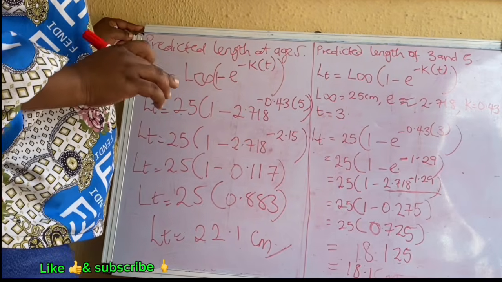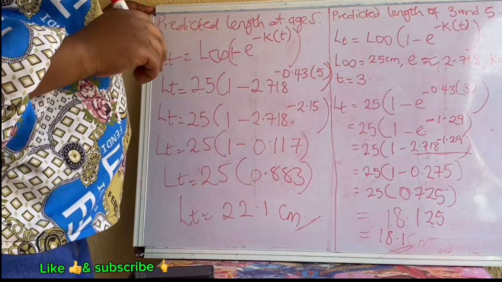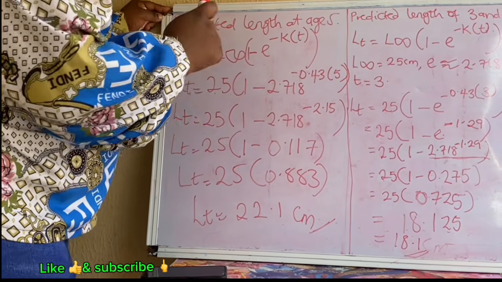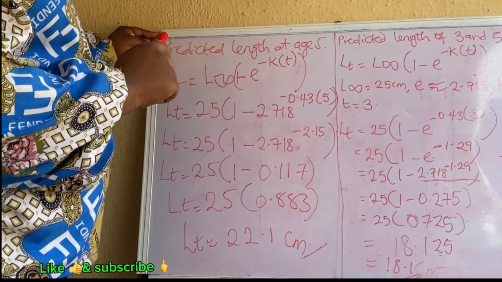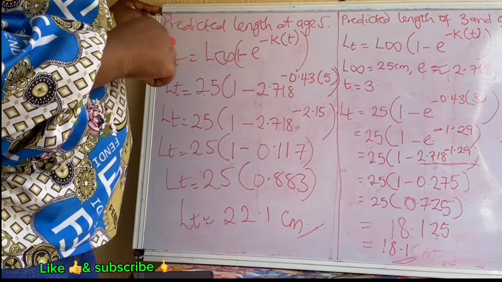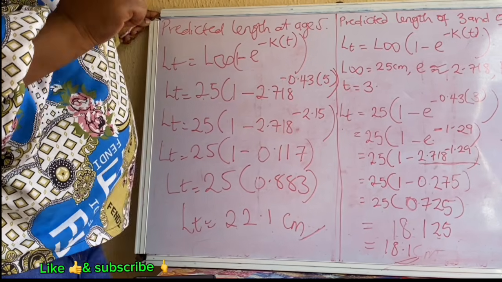You know that the calculation of the length and age relationship shows that fish length increases rapidly at younger ages and slows down at older age. Now when they approach the asymptotic length of 25, they tend to slow down.